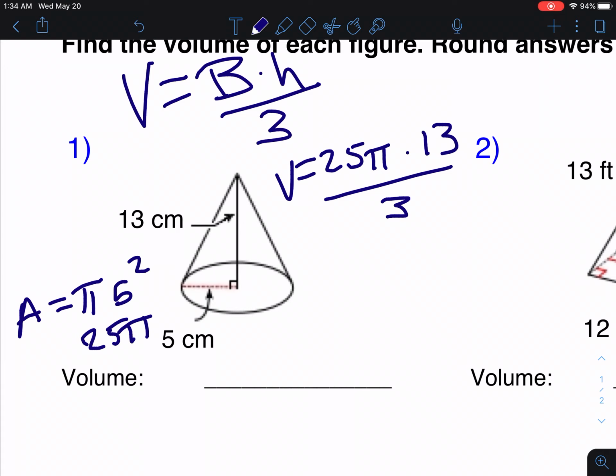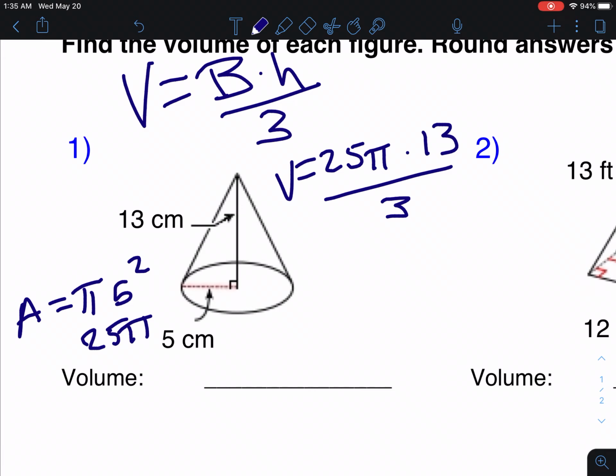So this is just a matter of using your calculator. So we're going to do 13 quarters. That's one more than 12 quarters. 12 quarters would be $3. So 13 times 25 would be 325. And then we take 325 and divide that by 3.